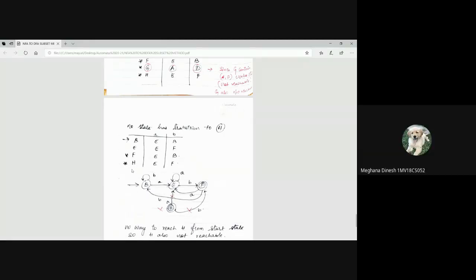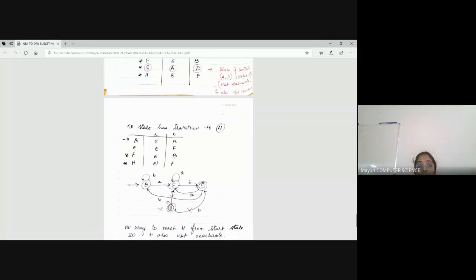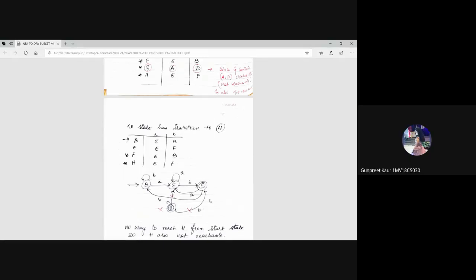No, ma'am. But H is going to E and F, no issue. I don't say anything. But where do you get H from the start state to go? That's what you see, H, there is no connection from the start state to H. Anybody have doubt in this? No, ma'am.